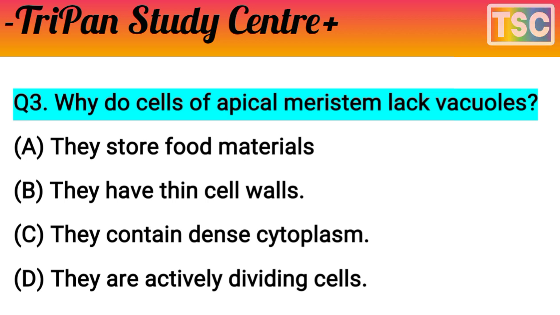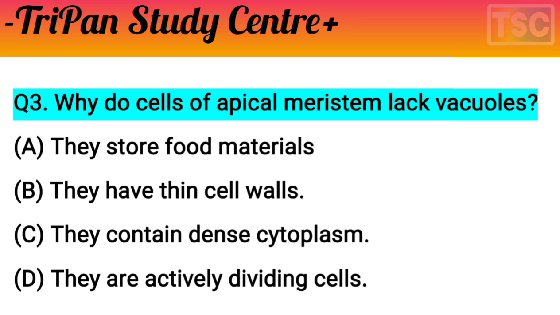Option A, they store food material. B, they have a thin cell wall. C, they contain dense cytoplasm. And D, they are actively dividing cells. You know that the question is very interesting, but the important point here is that apical meristem cells are young cells and are actively dividing.